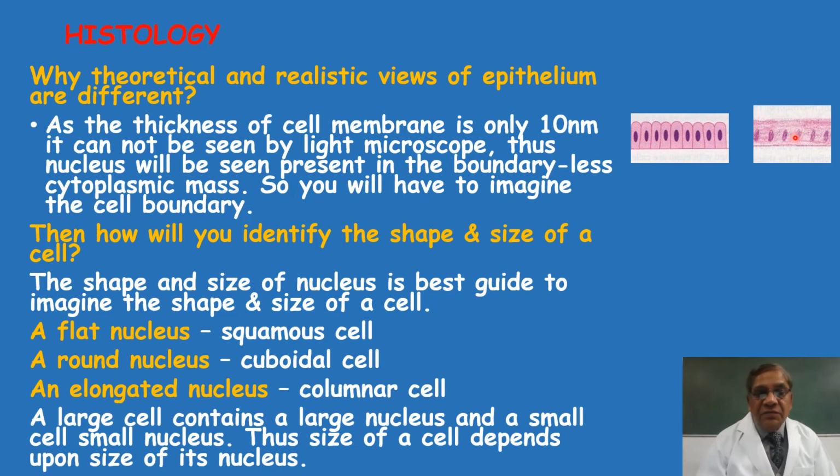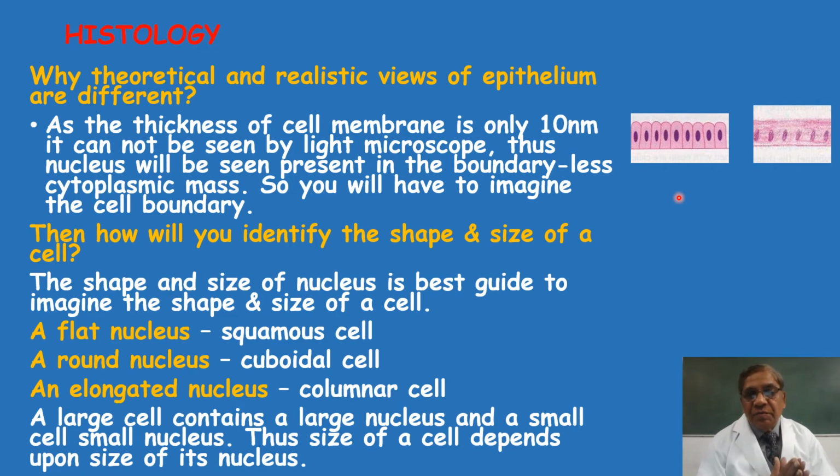And why is this difference there when you see a slide under the microscope? The reason is that the thickness of the cell membrane is only 10 nanometers. When I was teaching you the introductory lectures in histology, probably the first or second video, I had told you what a nanometer is, that it cannot be seen with the light microscope.